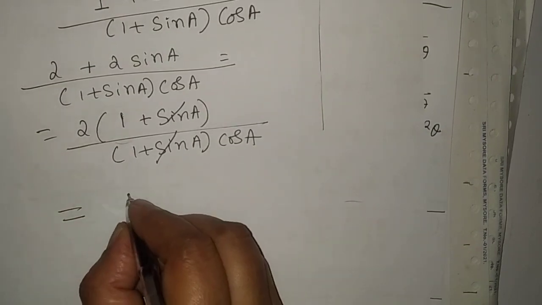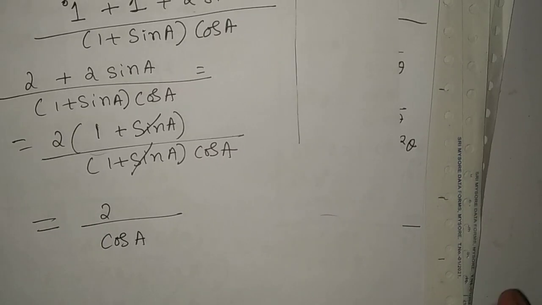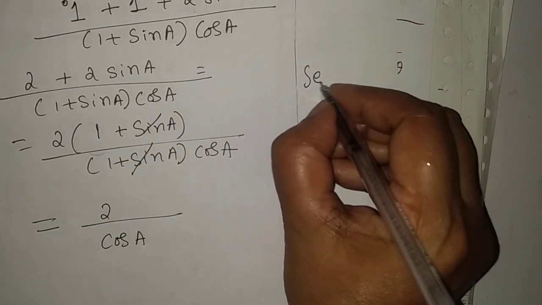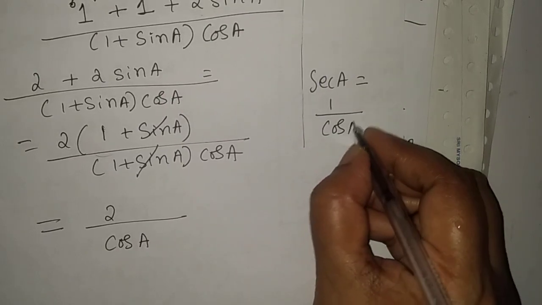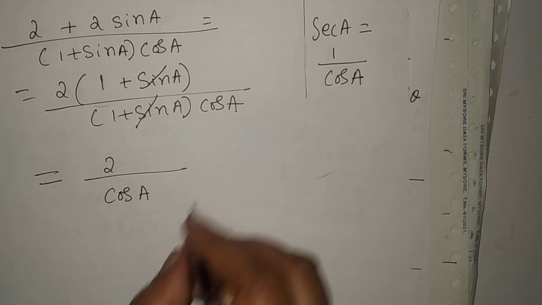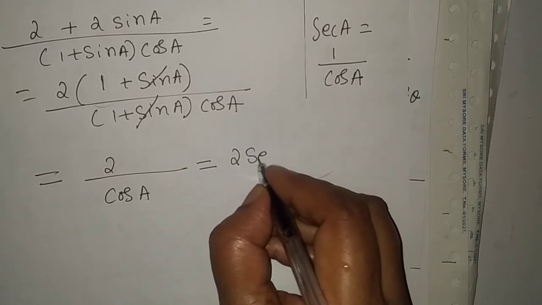Finally we get 2 by cos A. We know that secant A is equal to 1 by cos A. Finally, 2 secant A.